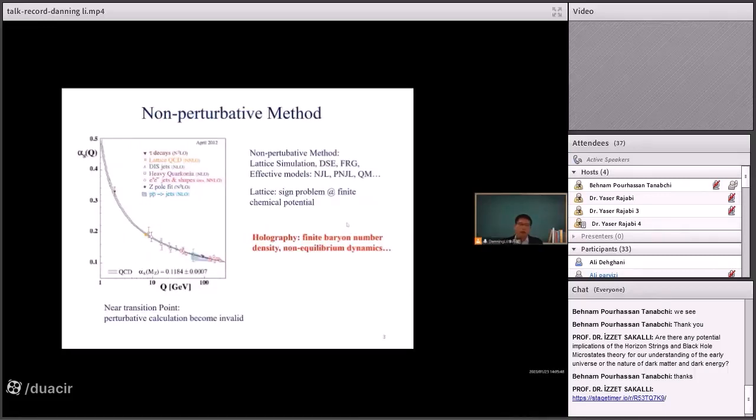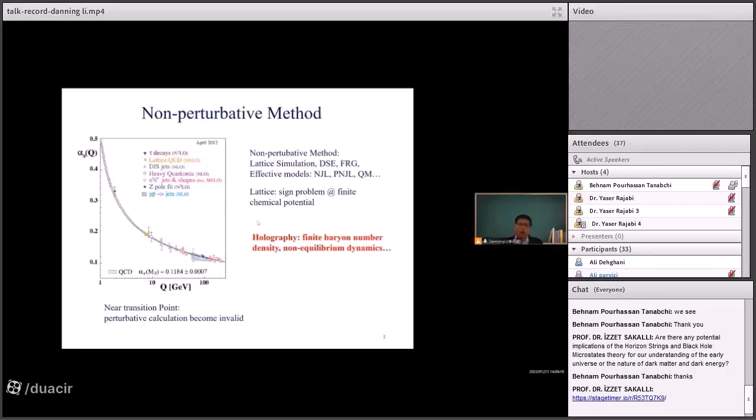It's known that near the transition point, the effective coupling becomes large, and the standard perturbative calculation in textbooks becomes invalid. So we need some non-perturbative methods, like lattice simulations, Dyson-Schwinger equations, and so on.